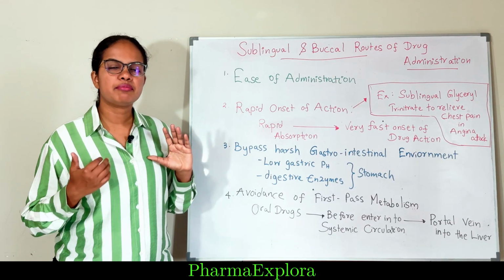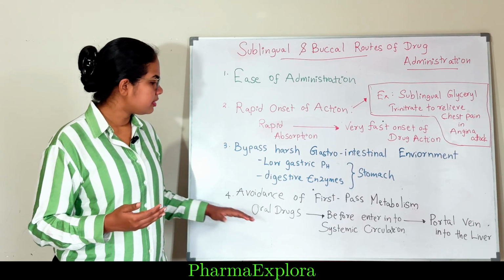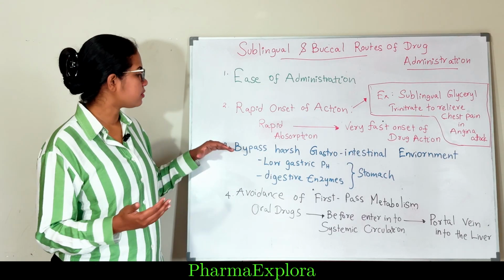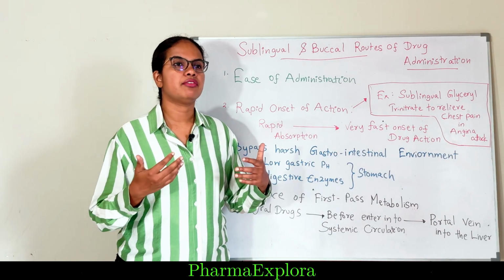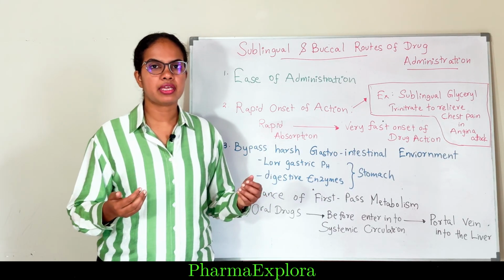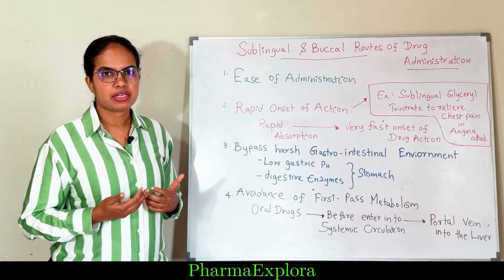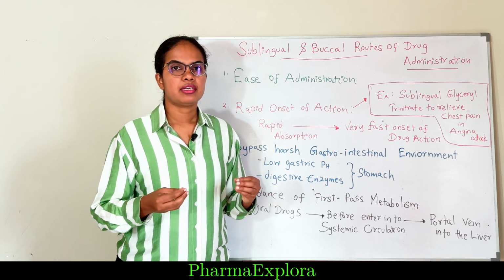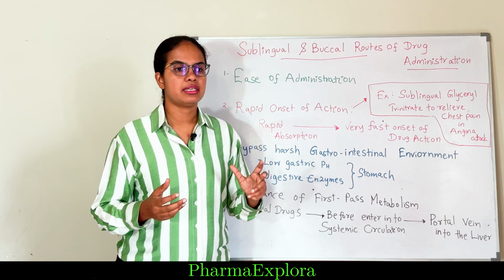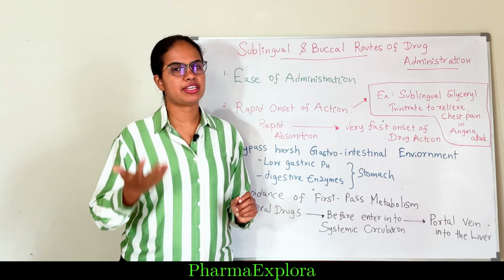The sublingual and buccal routes of drug administration avoid first pass metabolism as well as the very harsh gastrointestinal environment. Why? Because they are absorbed directly from mucosal capillaries. Therefore, it makes the drug's bioavailability exceptionally high.